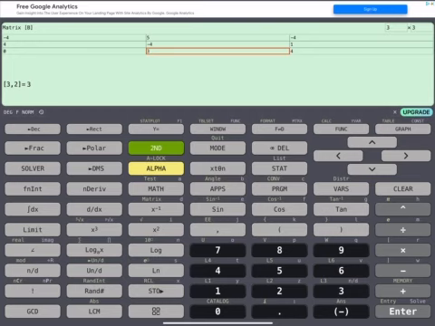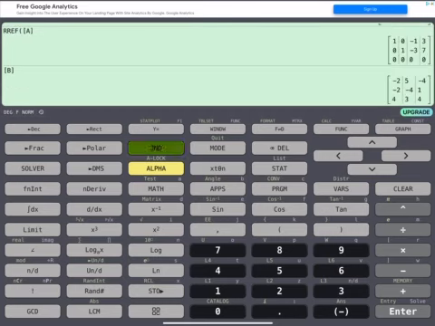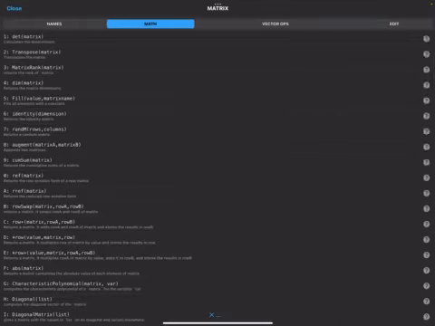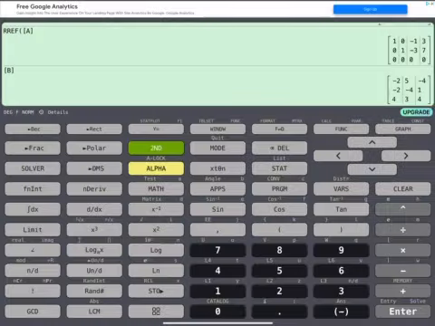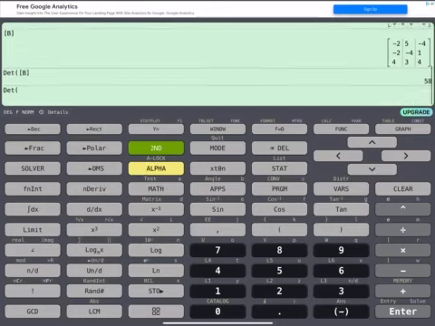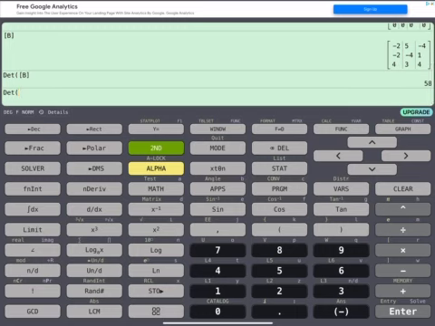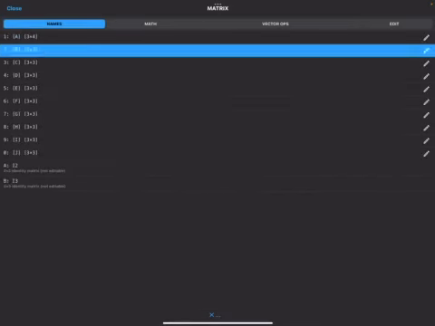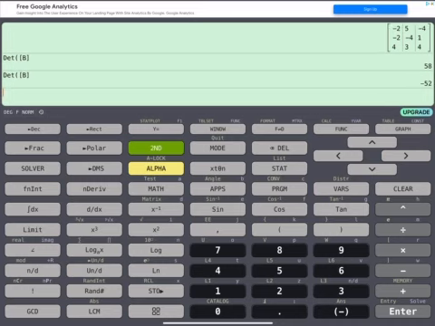Okay, so let's quit that and go back to matrix. We want the determinant. So we're going to go to the math menu, hit determinant, and find the determinant of matrix B, which we have to actually ask for. All right, and see what that comes up with, and we're looking at negative 52.